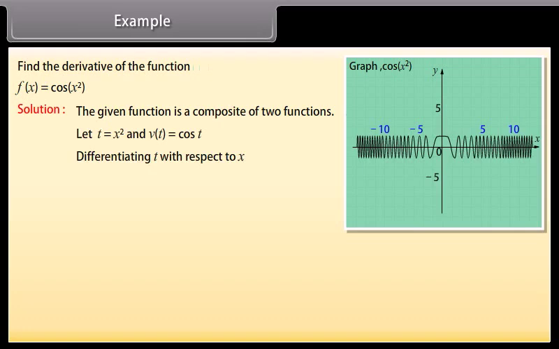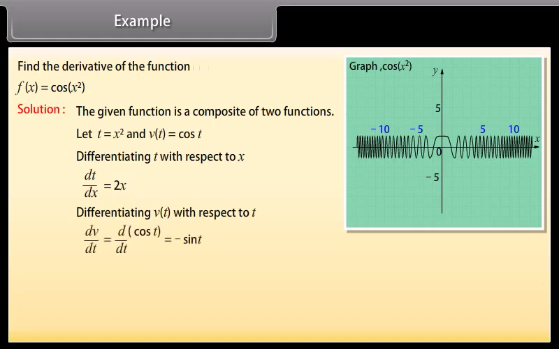Differentiating t with respect to x, d by dx of t is equal to 2x. Differentiating v of t with respect to t, d by dt of v is equal to d by dt of cos t is equal to minus sin t.